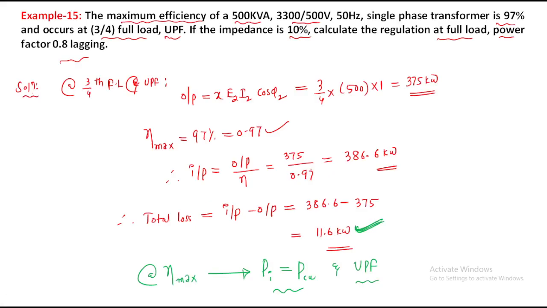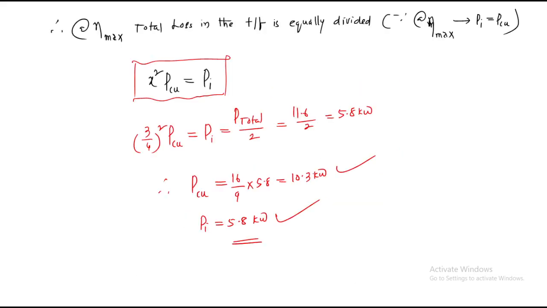And then we have to calculate, if the impedance is 10%, the regulation at full load. At full load, I2 R02 cos phi 2 plus I2 X02 sin phi 2. Okay.